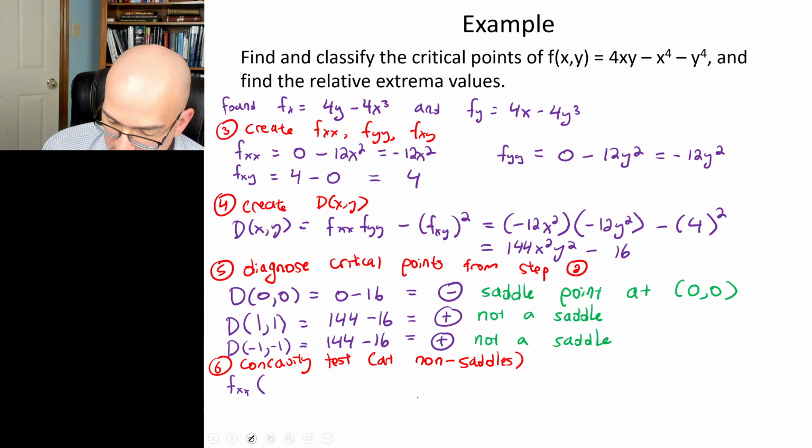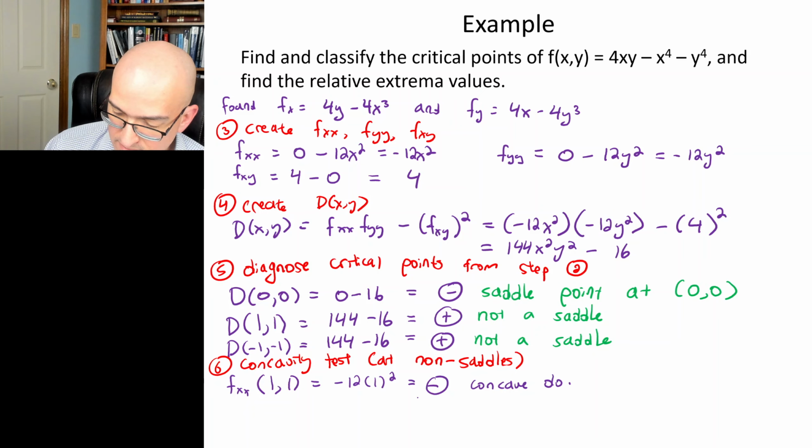So f double x at 1, 1. We have negative 12 times 1 squared, which is negative. So it's concave down. So there's a max at 1, 1.